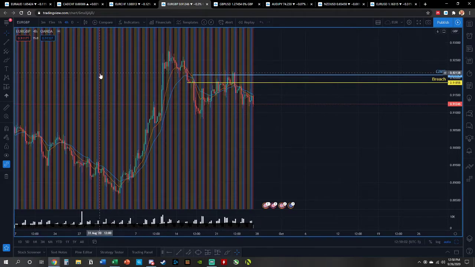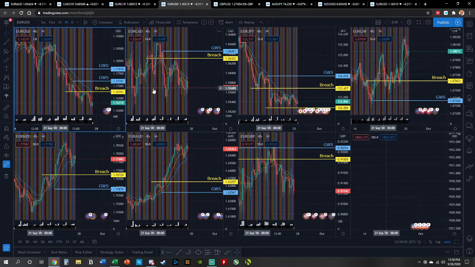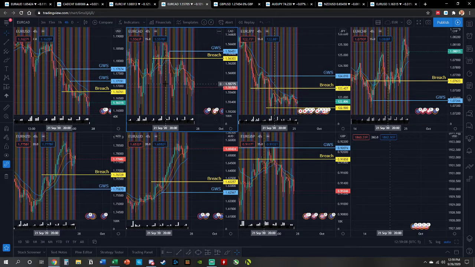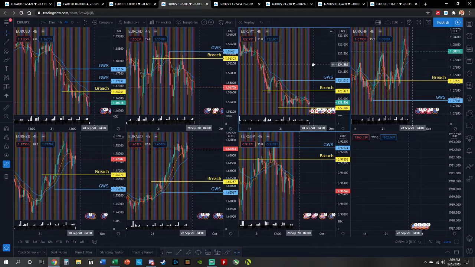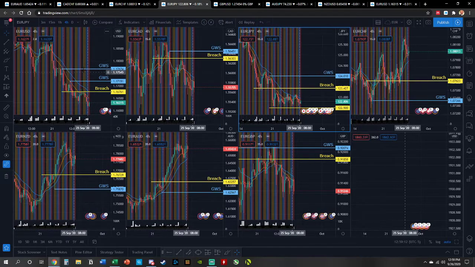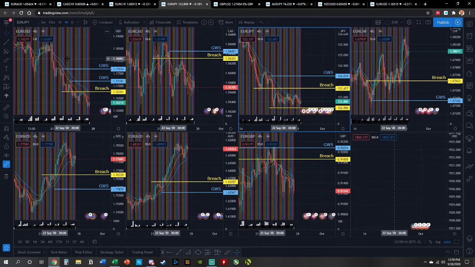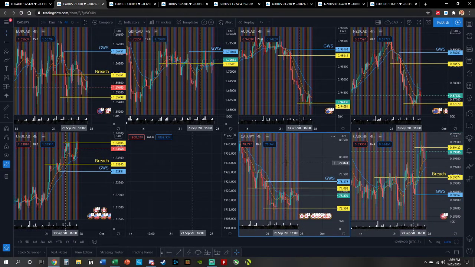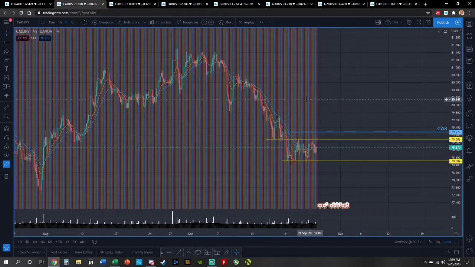Okay. Another example is a trade I took on CAD JPY, that's what it was. So basically you can ignore this here. It was at this point.